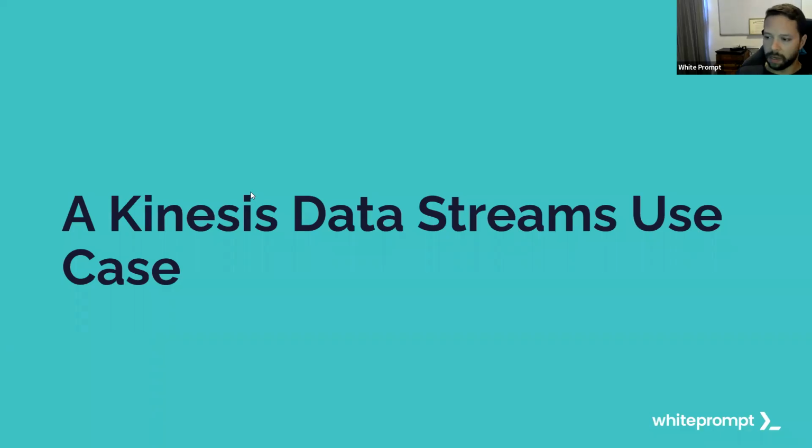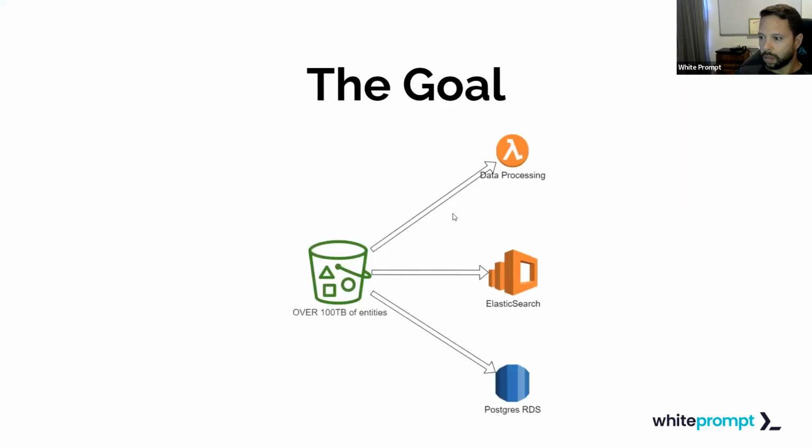So this is going to be a use case of something we did in one of our projects. Of course, I've generalized it in a way that we don't divulge client information. In a nutshell, and at a very high level, the goal was to move over 100 terabytes of entities to various places simultaneously, into data processing via Lambda.